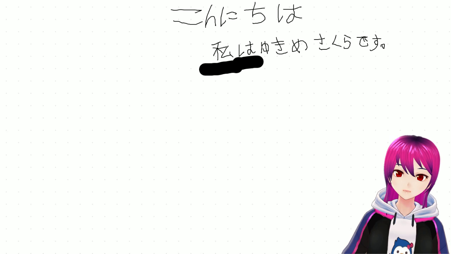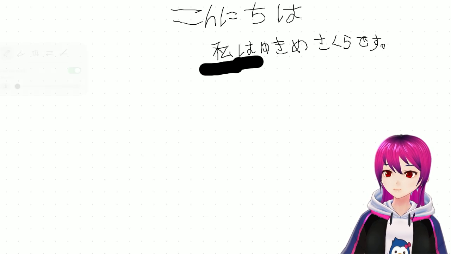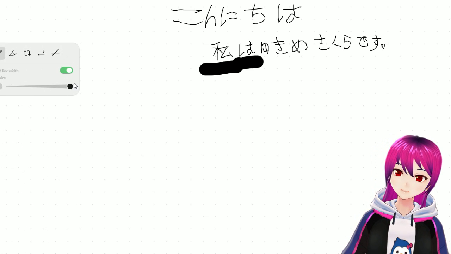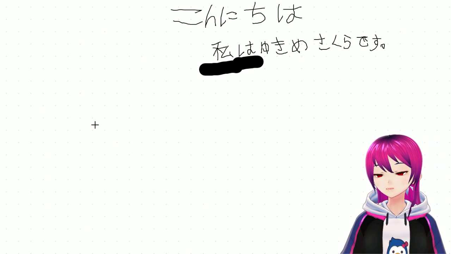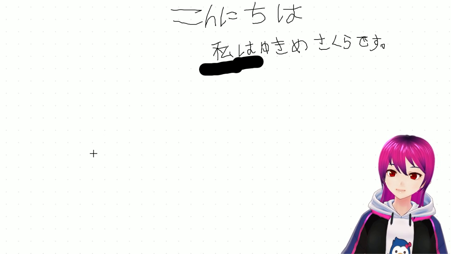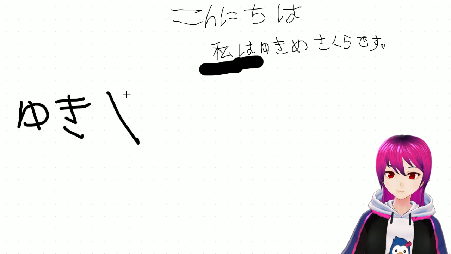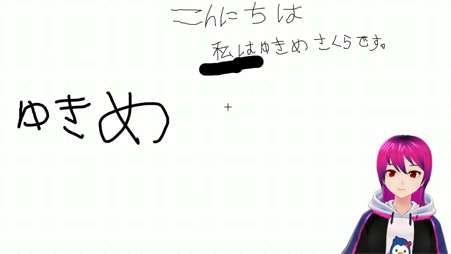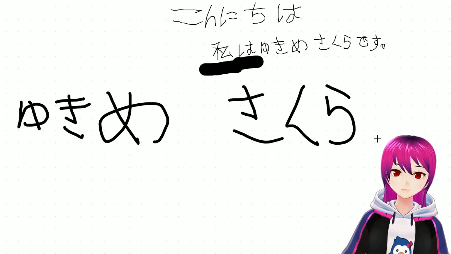Now, to finish things off, I'd like to give you a little quiz. To spell your queen's name, Yukime Sakura, in Hiragana, as you would write it, since the name is Japanese, you would write it with a yu, ki, me for Yukime, and then sa, ku, ra for Sakura.